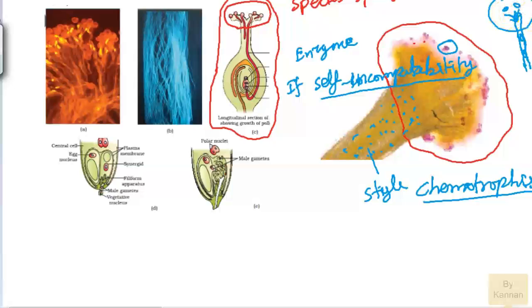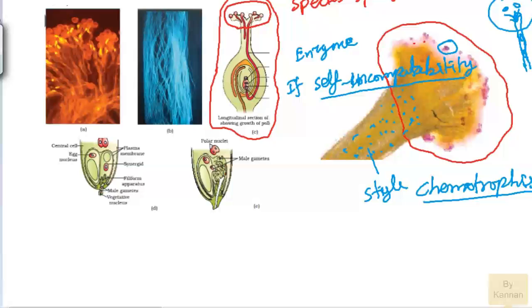So what happens in those plants with only one generative cell? After the tube cell grows, the one generative cell enters the tube cell, and during the movement, it divides mitotically into two cells.